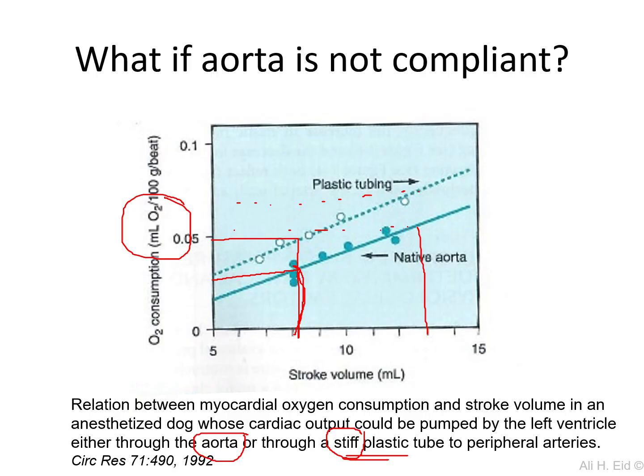This means that had the aorta not been designed in such a way that makes it compliant, your heart is going to exert more effort, it's going to need more oxygen consumption, and that can have very deleterious effects. And actually, that's what happens as we age, because that leads to what's called arteriosclerosis, or hardening of the vessels. We lose some of this compliance.